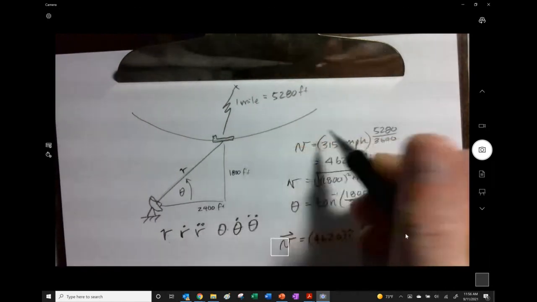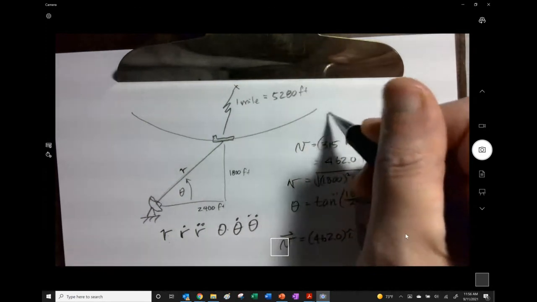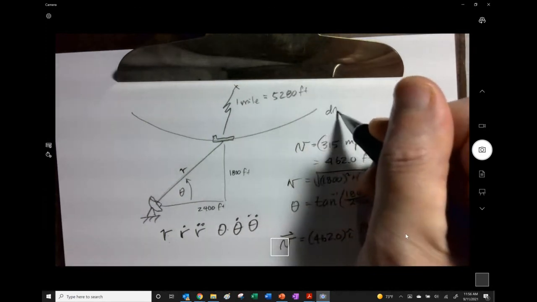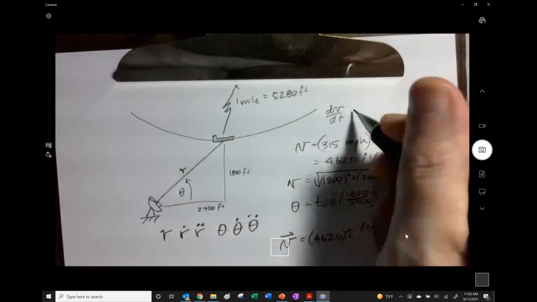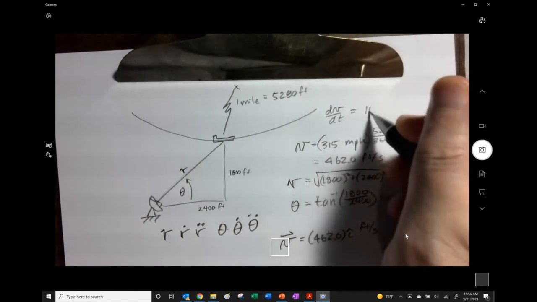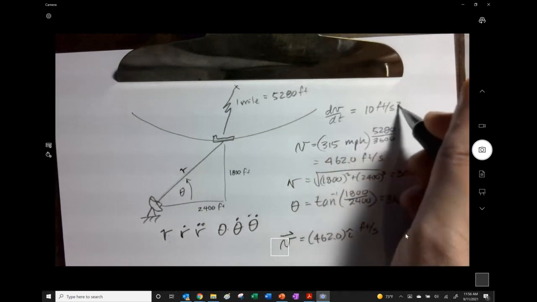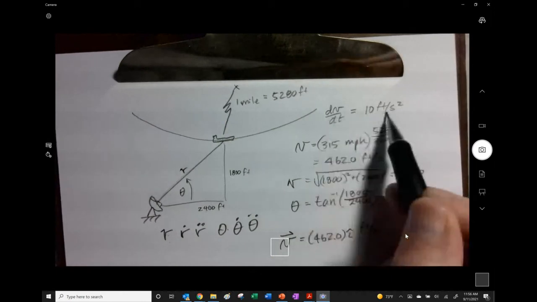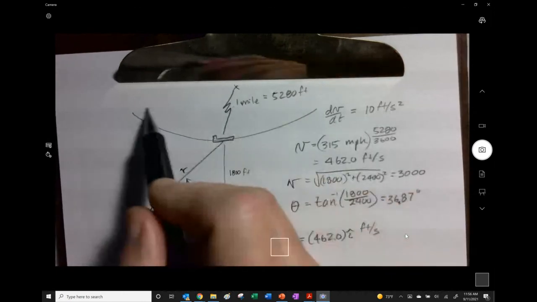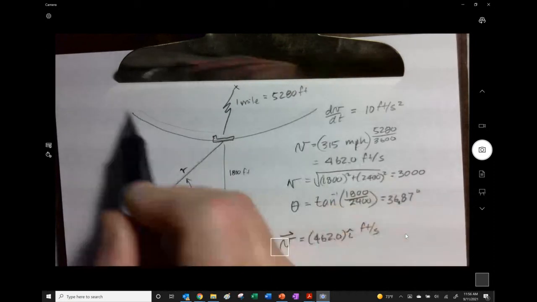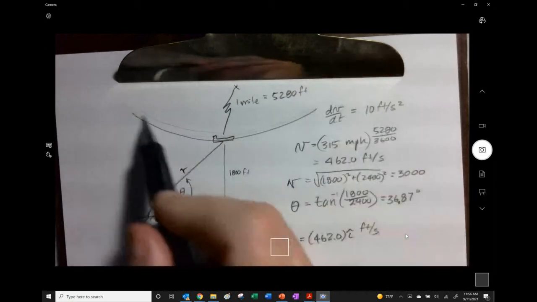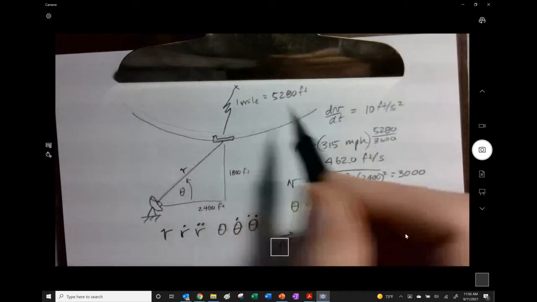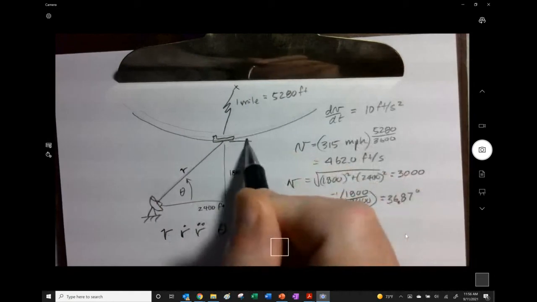One of the things it was telling us is it's speeding up, which is another way of saying dv/dt is going to be 10 feet per second squared. But that's not the only acceleration it's experiencing. It's also in a loop, right? It's also coming down right there.